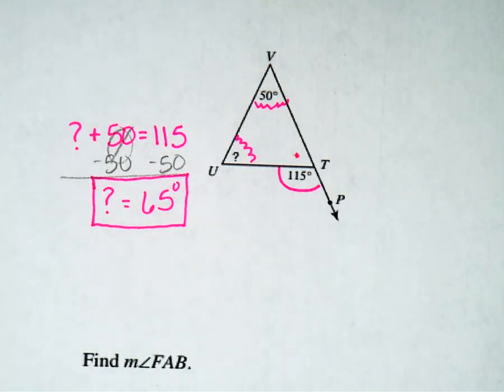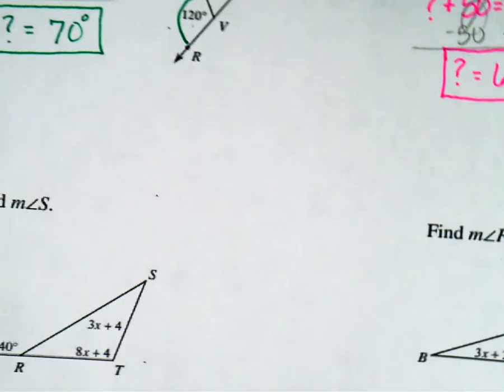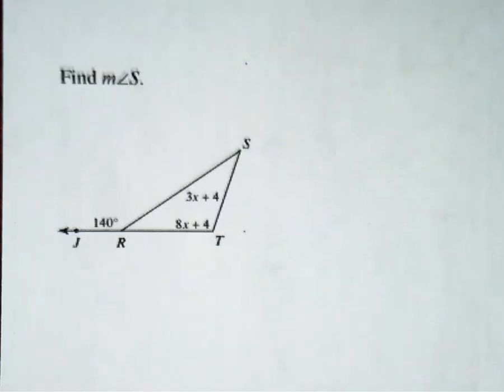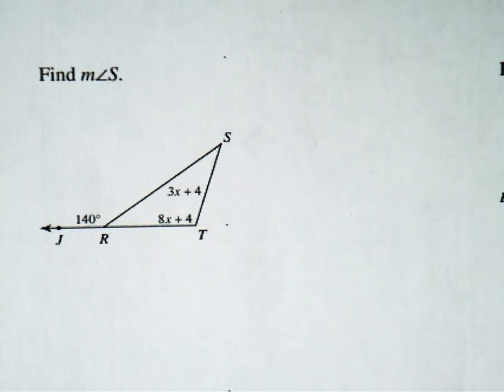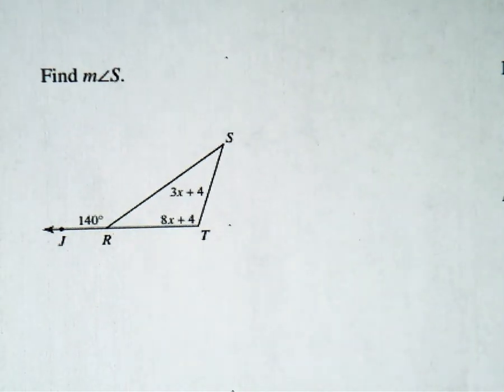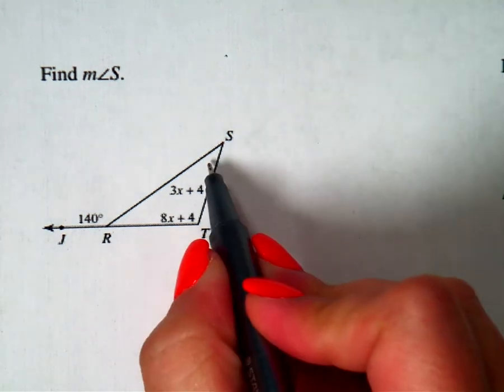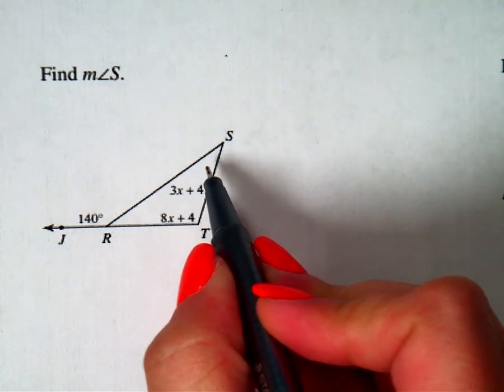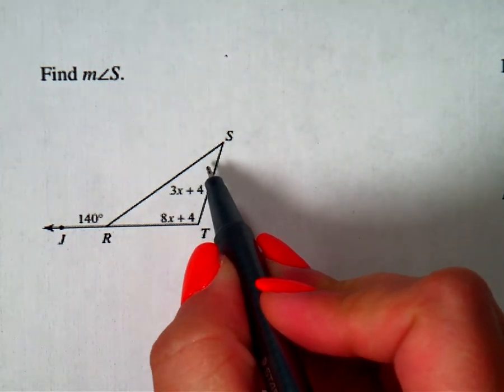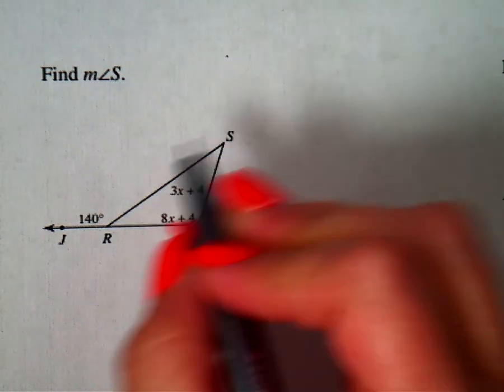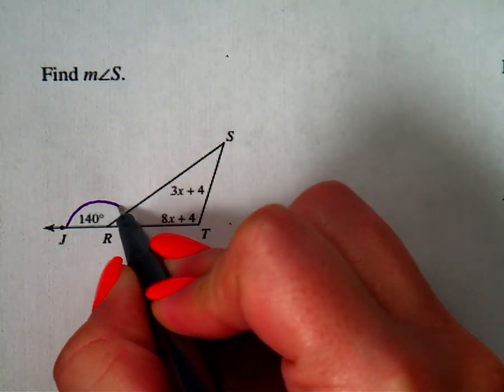Okay, let's see how we can apply this to some algebra. So when I look at this one, it wants me to find the measure of angle S. So I'm not done until I can tell you how big angle S is. Okay, I know it looks acute, but that doesn't really mean it is, but we're going to find out. Okay. All right, so here is my exterior angle.